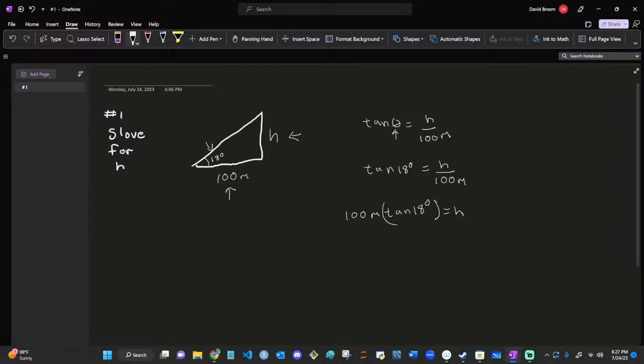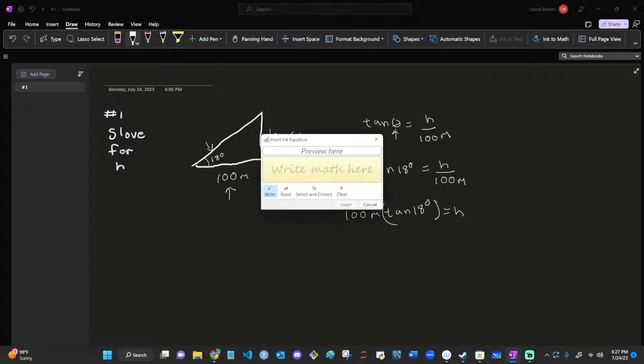Running that through the calculator, I could try the ink to math. Let me give the ink to math a try. So you want to know what tan of 18 degrees is.